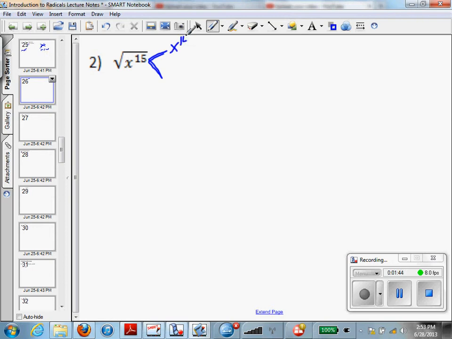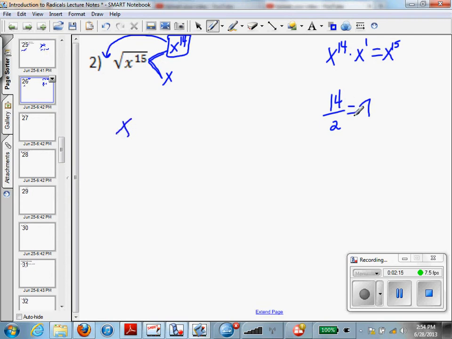So we would have x to the 14th times x, because over here in our margin we'll say that if we had x to the 14th power times x to the first power, we keep our base, and adding those powers together, we get x to the 15th power. So we can now use our rule of power over index, which gives us 7. So this can come out of the radical as x to the 7th power times the radical of x.